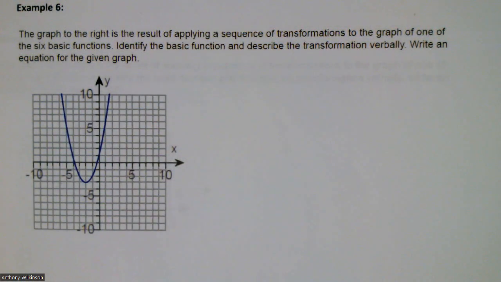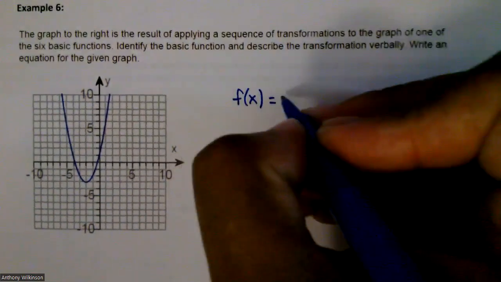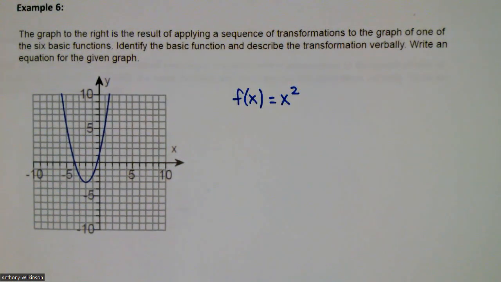So one of our 6 basic functions was the graph of f of x is equal to x squared. Okay. So you're going to have to be familiar with those 6 basic elementary functions that I gave you at the top of this video. Okay.